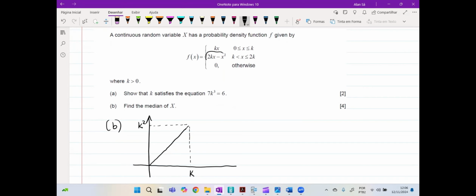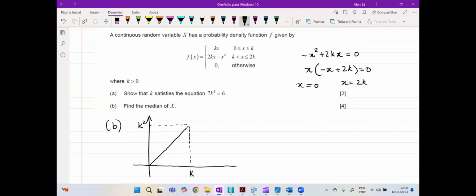The second part, 2kx minus x squared, is a quadratic, concave down, with roots that are not difficult to find. If we make x a common factor, we are left with an equation that has roots x equals 0 and x equals 2k.